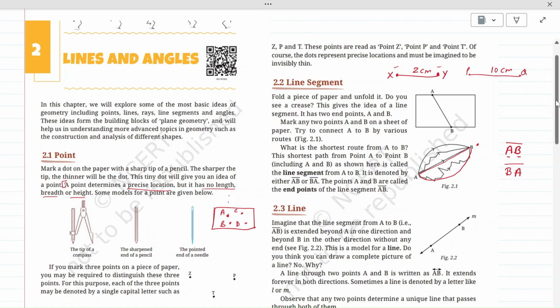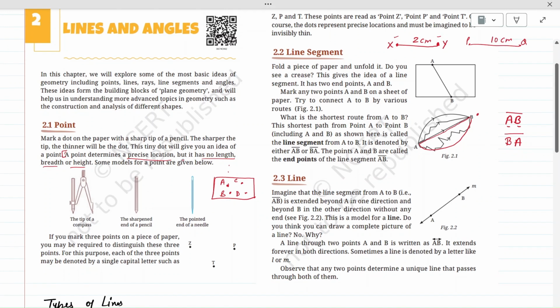I hope this is clear. What we have studied is that we took a point which tells us a precise, definite location. Now we have taken two points and we are joining them with a line. These two points are the definite start and end points. That means the line is starting from here and going to here.